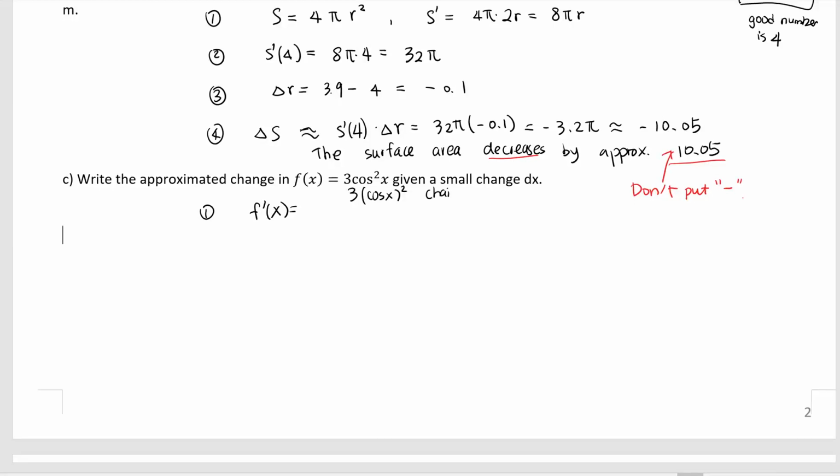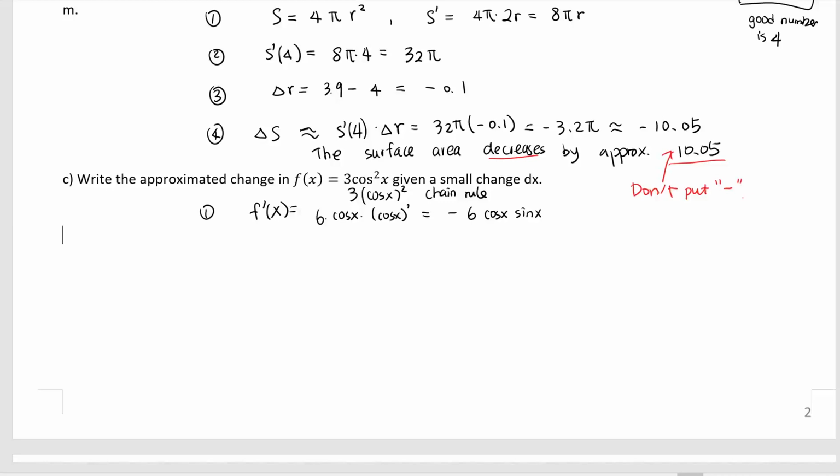So chain rule. Derivative of 3u squared is 6u times u prime. What is the derivative of cosine x? Well, that's minus sine x, right? So we have minus 6 cosine x sine x.